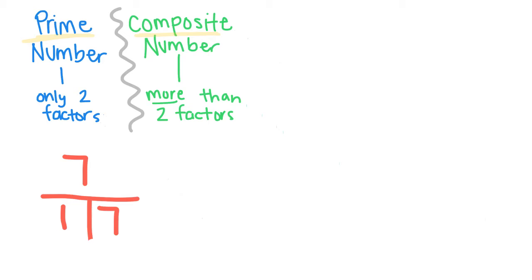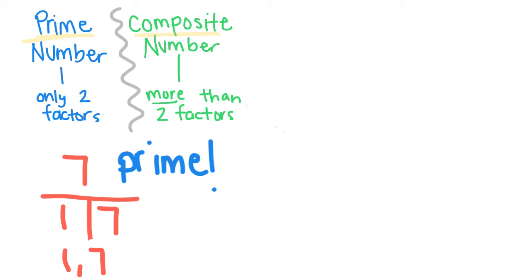So if I were to write my list, it would look like this: 1, 7. That's it. Look back at your definition. A prime number has only two factors, and a composite number has more than two factors. How many factors does 7 have? Only 2. So I know that 7 is prime.